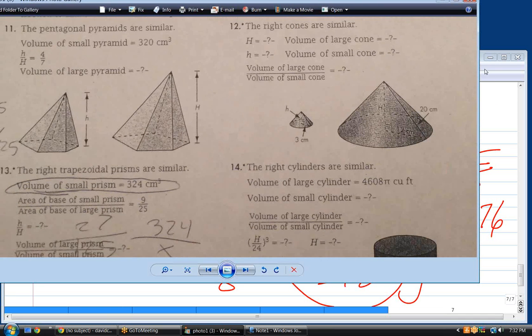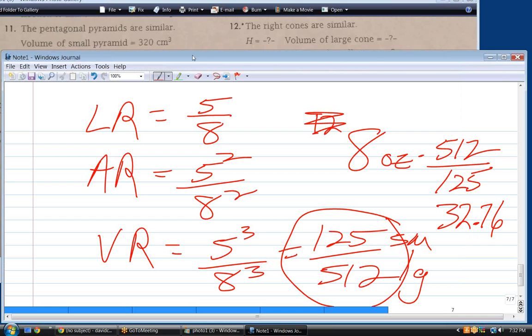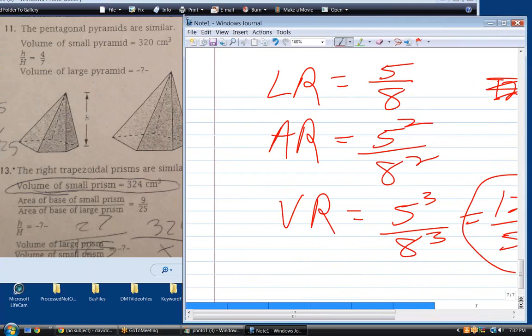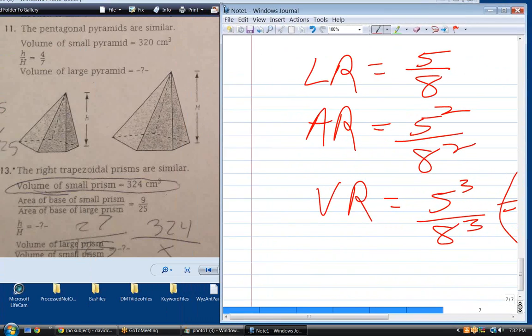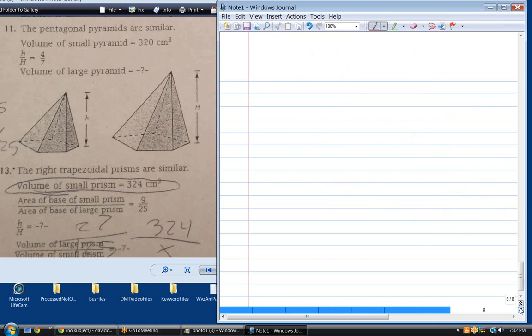Okay, 11. Similar three-dimensional objects. The volume of the smaller pyramid is 320, and the height ratio is 4 to 7. What is the height ratio? What kind of a ratio is that? Linear.